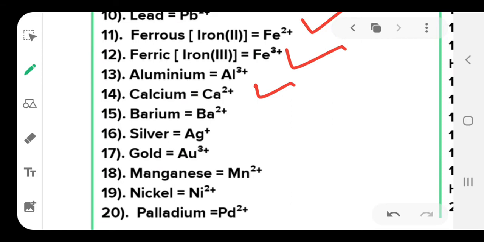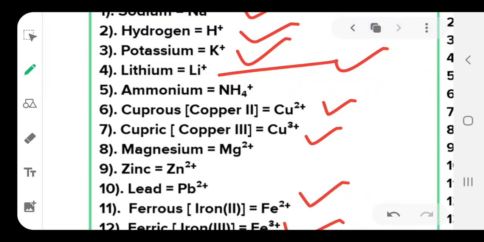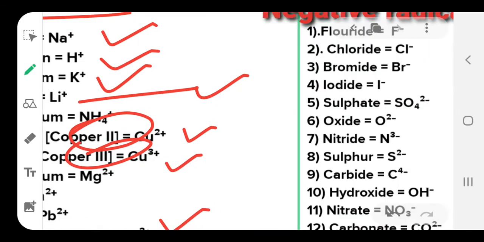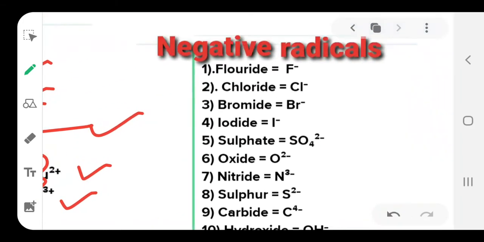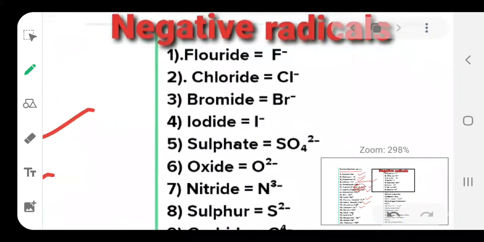So nickel is Ni+2 and palladium is Pd+2. The second letter should be small, make sure. So again, we have copper 2, copper 3, if you want to understand it. It is not there for your class syllabus. You only need to know copper. It has 2 valencies. The rest we do in some higher classes. There are some modifications in them.